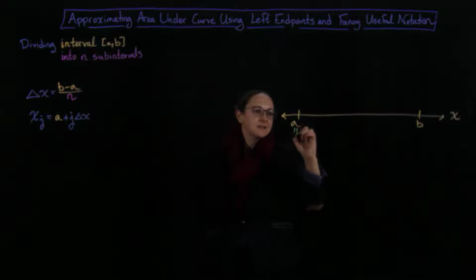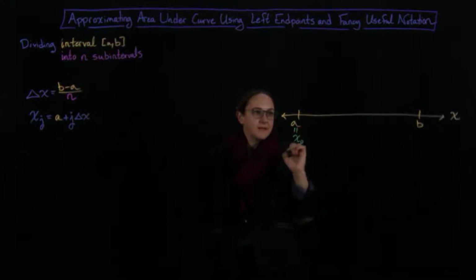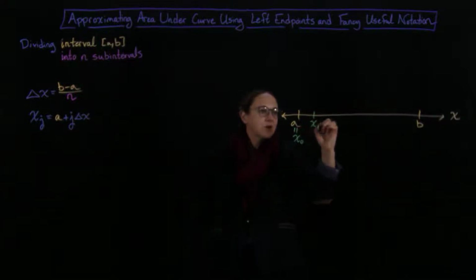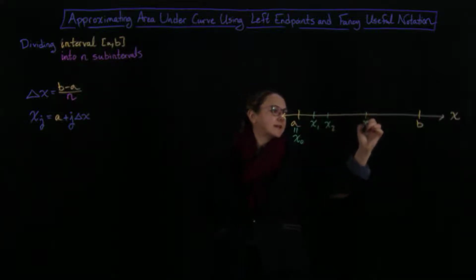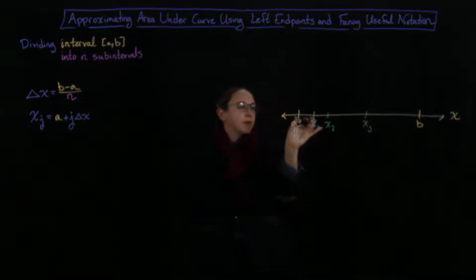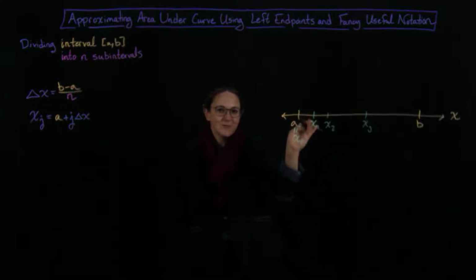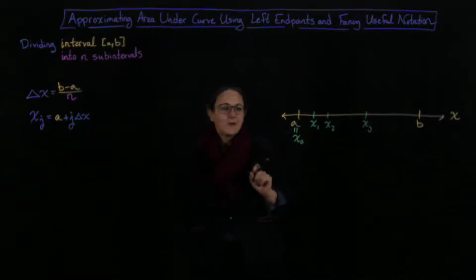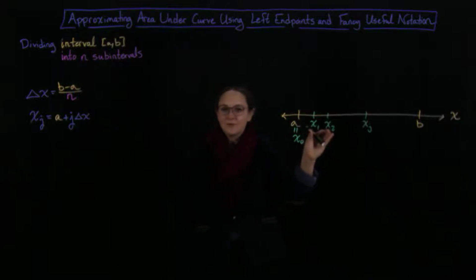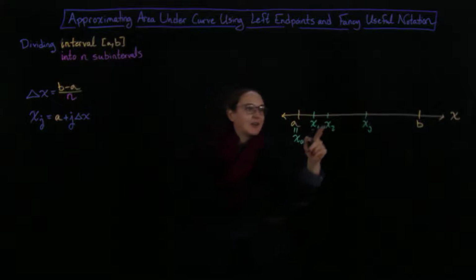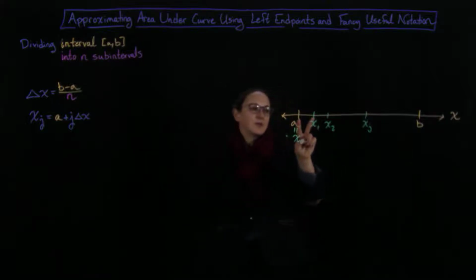This is a, so this is x0. The next one is x1, then x2, and we keep going, and this would be like xj. If I want left endpoints, I'm looking here.